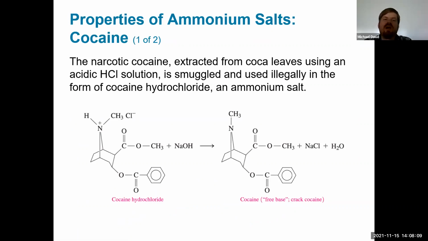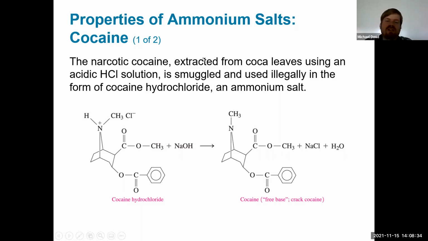How about narcotics? Well, if the medical industry knows about this, then the illicit drug industry knows about it as well. So cocaine is an ammonium salt of cocaine. So cocaine hydrochloride is like the white powdery stuff that you see in movies and stuff like that.